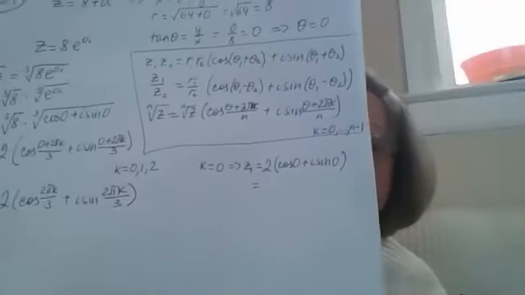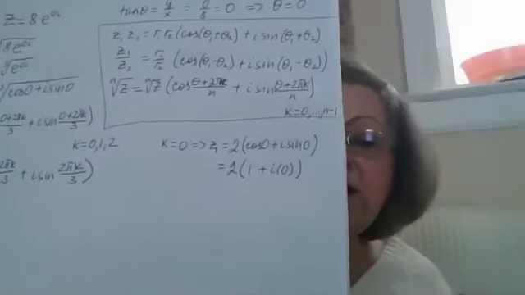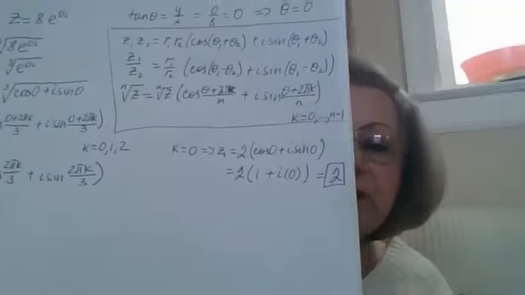It will be cosine of 0 plus i sine of 0, which means we need to know values of cosine of 0 and sine of 0. From trigonometry, cosine of 0 is 1. Sine of 0 is 0. So i times 0 is 0, plus 1, it is 1. So it is your first value, 2. And this is your first cube root of 8.